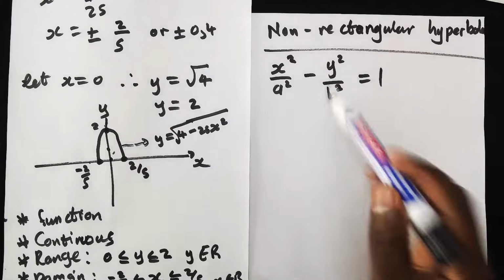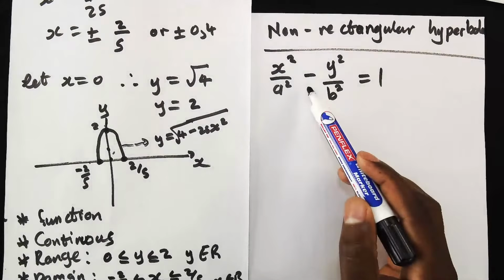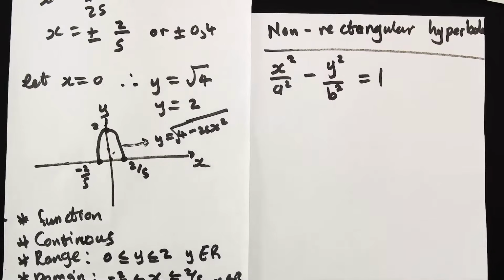The difference is the middle sign. You have subtraction of the squares of y and x with different coefficients. In an ellipse you had the sum of two squares. For a non-rectangular hyperbola it is a difference of two squares with different coefficients.